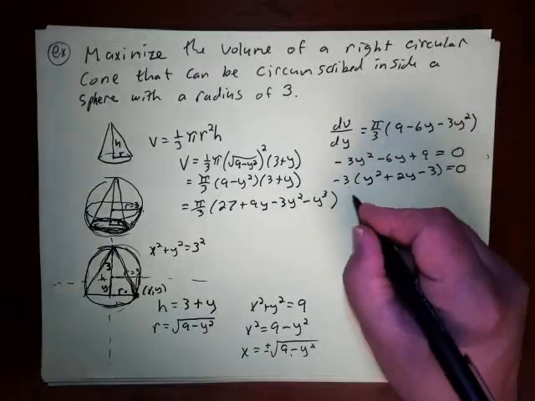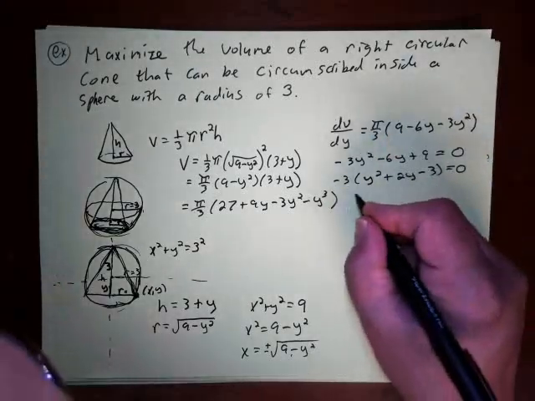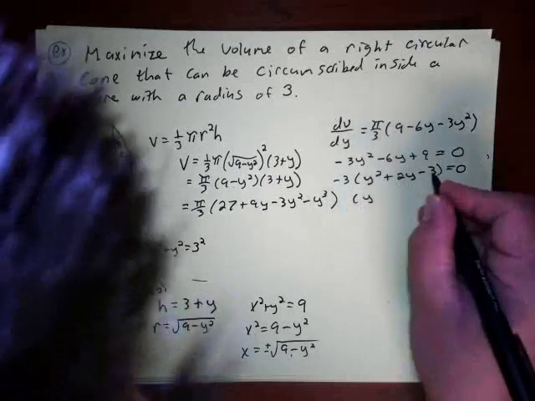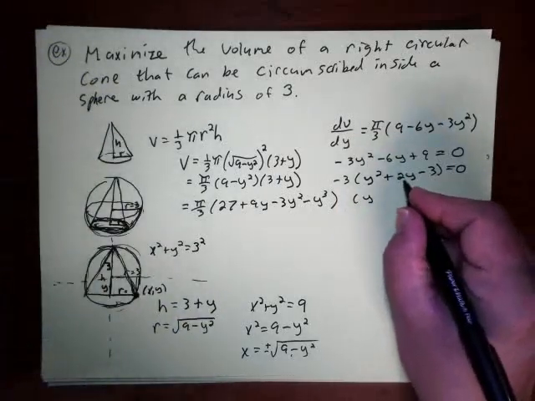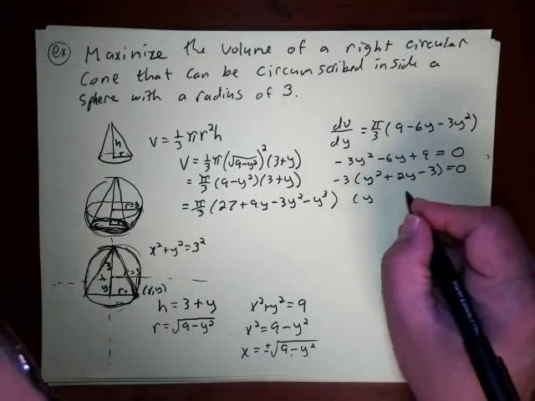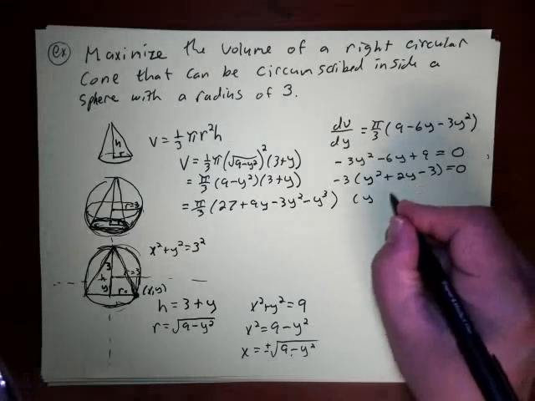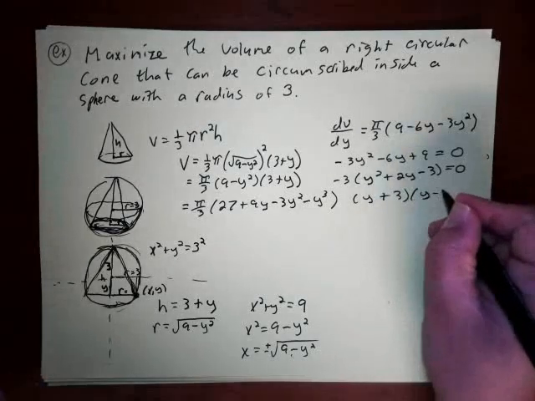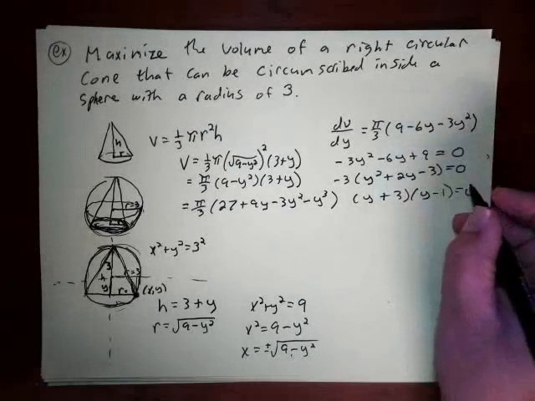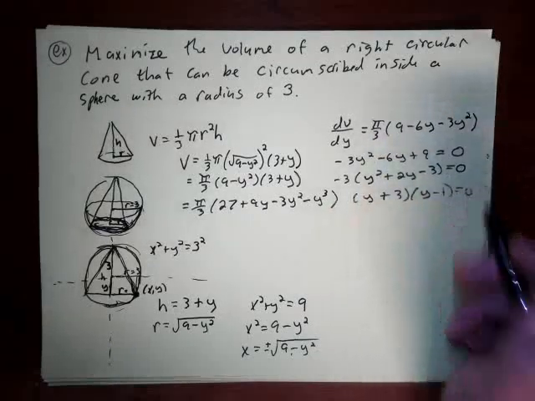And then this thing, I think I can factor. So I'd get y, and it'll be a plus and a minus because that's a minus. And I want a 2y, so it'd be y plus 3 times y minus 1 is equal to 0. Then if you multiply this together, you get that.